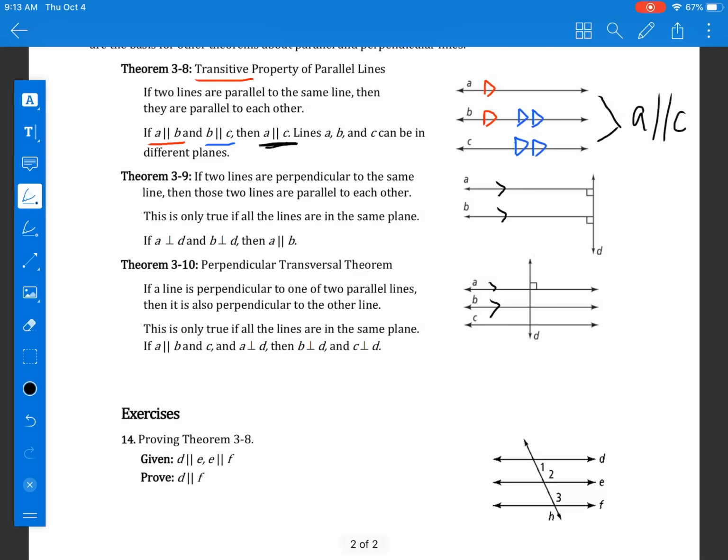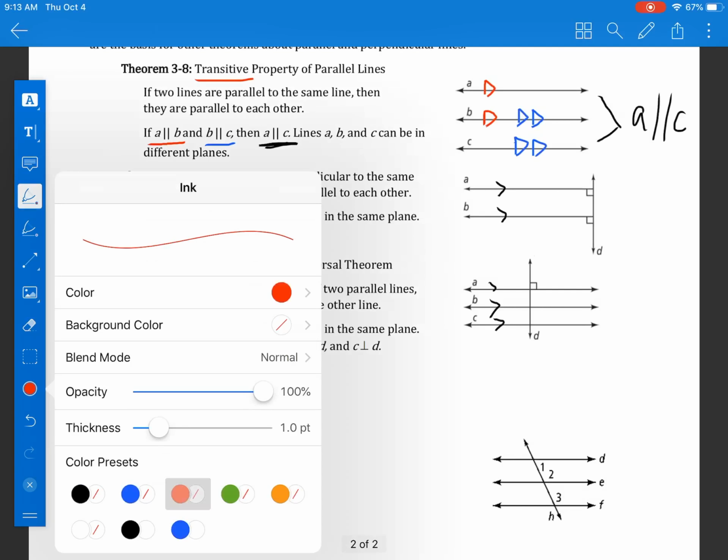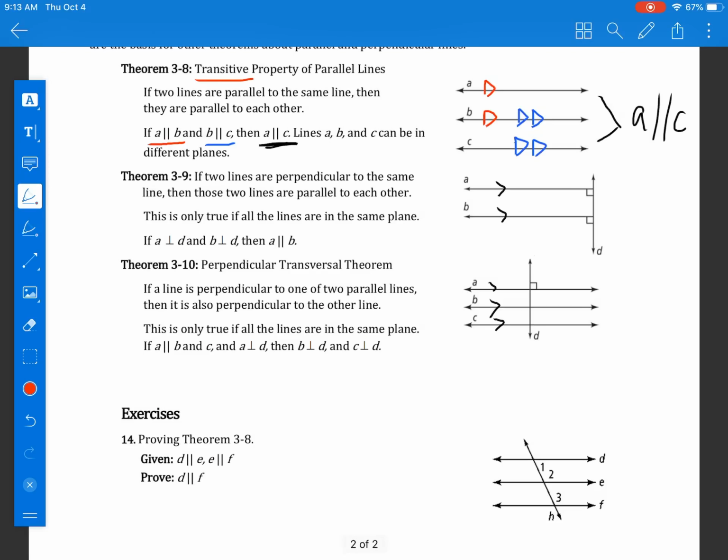And C. Oh, so A is parallel to C as well. So you can add in three parallel lines. We also know A is perpendicular to D. Then B must be perpendicular to D and C must be perpendicular to D.